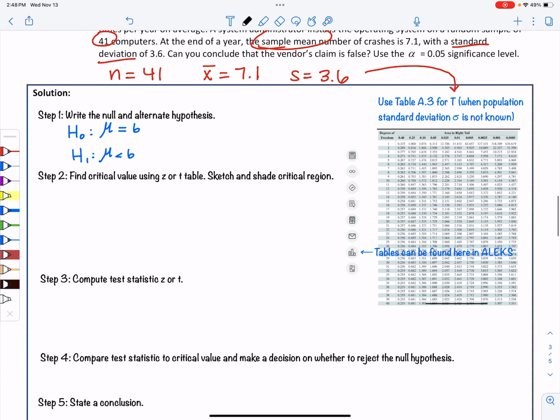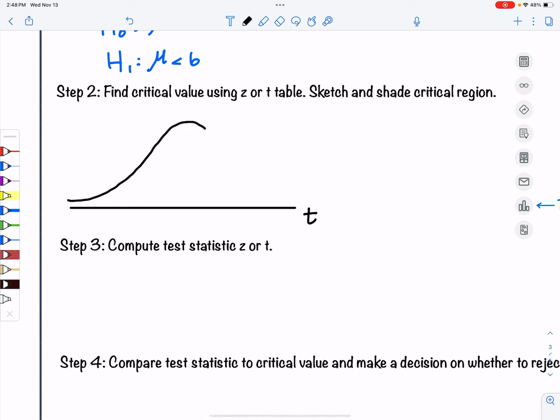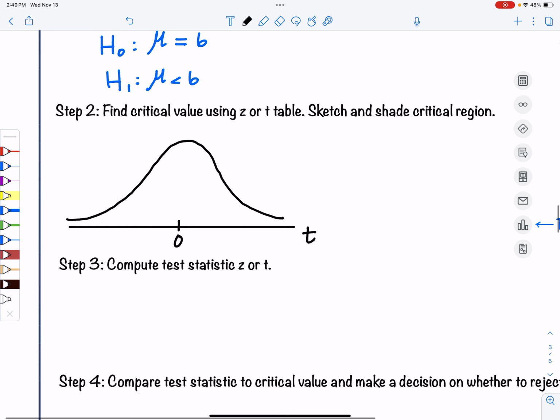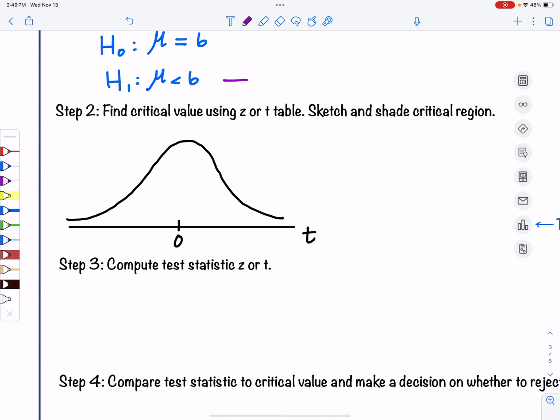All right, now, when I go to find my critical region, right, we always sketch it out. Even though ALEKS doesn't have you actually enter that, sketch it out because it makes your decision much easier. Now, when you sketch the curve for T, just do a basic bell-shaped curve like you did for Z. It's technically a little bit wider, but that doesn't matter. You just need to make yourself a basic sketch. All right, now, to shade my critical region, I need to look back up here at the alternate hypothesis.